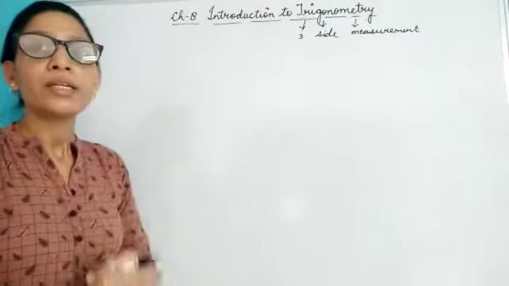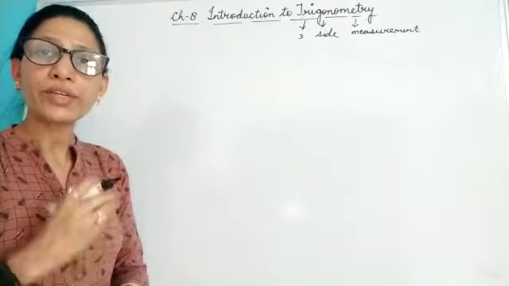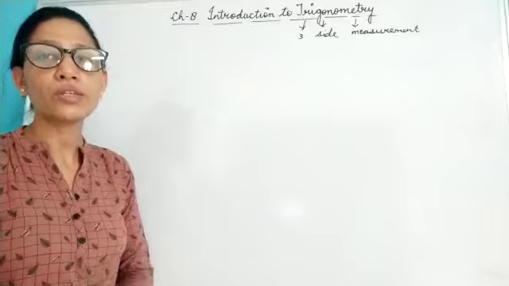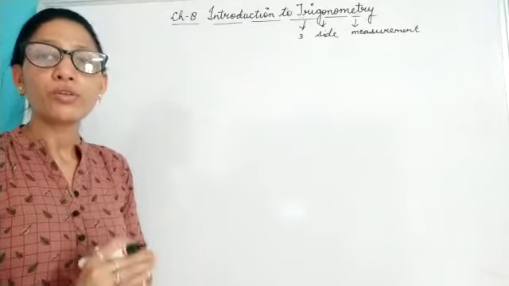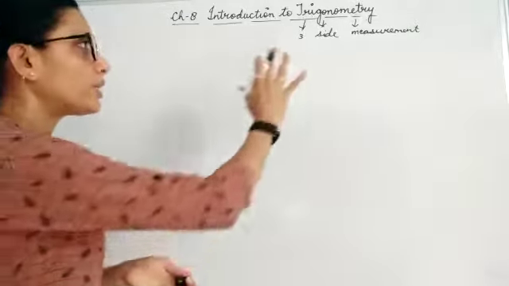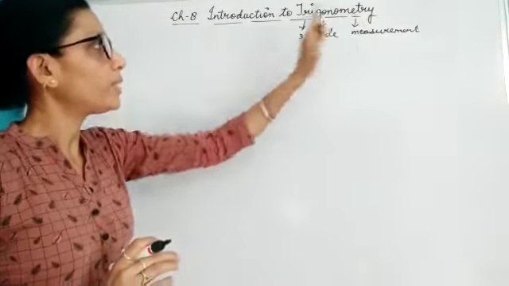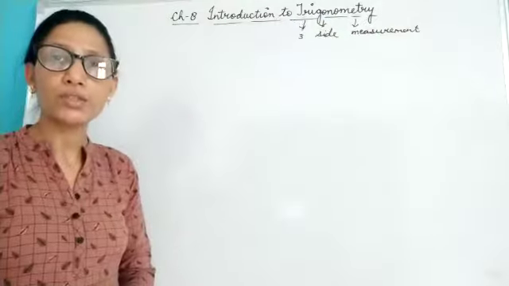Here we will be discussing the trigonometric ratios with respect to an acute angle, and of course we are going to read about trigonometric identities too. So basically here we are going to learn about measurement of the three sides of a given triangle.